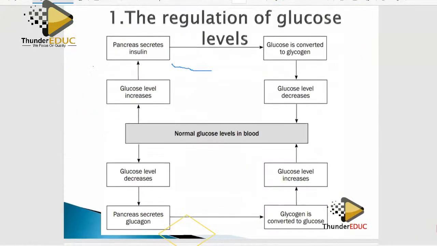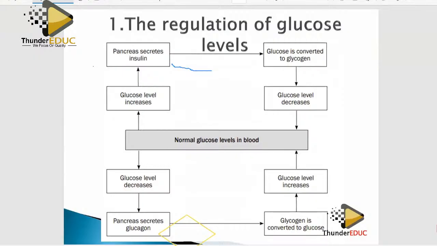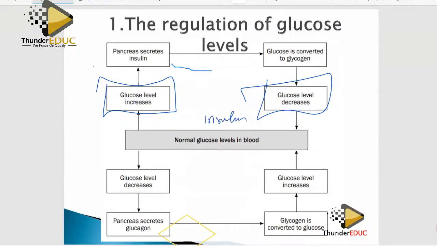All right. Let's just look at glucose. It's the same story. Let's apply what we studied previously. Glucose level increase, the last statement, glucose level must decrease. You ask yourself, which gland is responsible? Which hormones are responsible for glucose regulation? We say insulin and glucagon, two hormones.